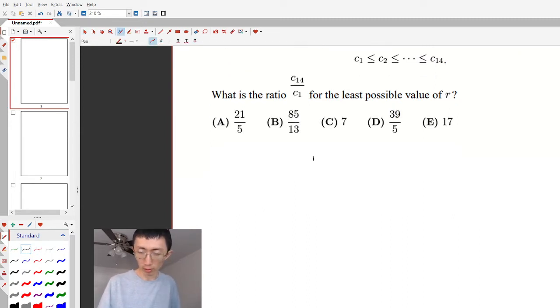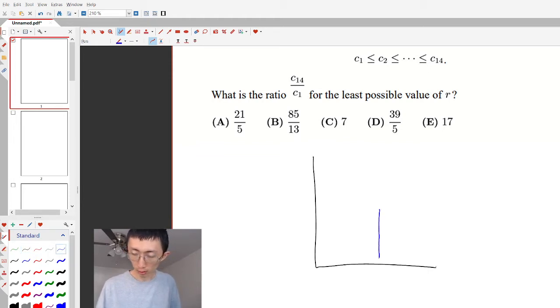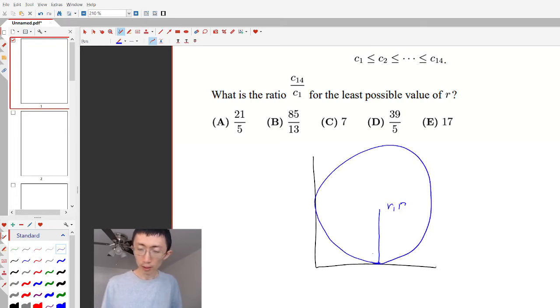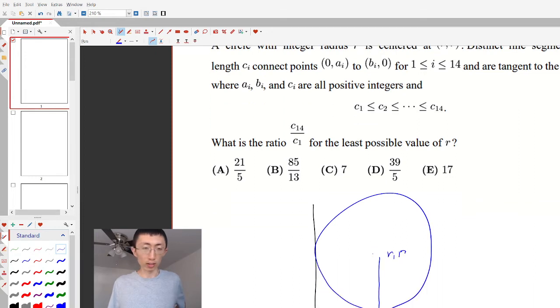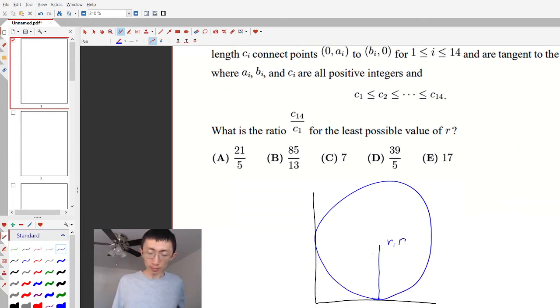So you have some circle, it has some radius R, it's centered at (R, R). And then it says you have some line segment that goes from the x-axis to the y-axis and is tangent to the circle. So this line segment could be like this.